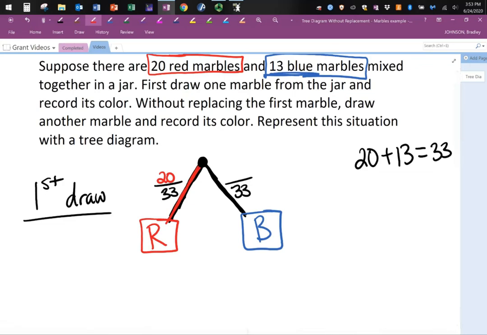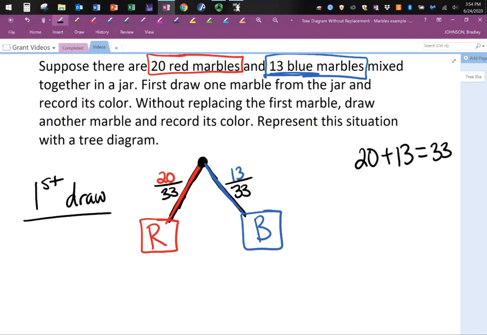That would be the probability of selecting one. And if you go down the blue path, that would be 13 out of 33, because that is selecting a blue marble. So we've created our first paths.